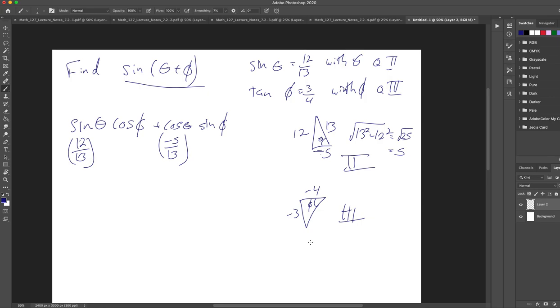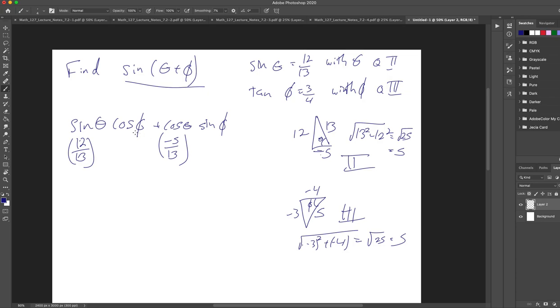To find the hypotenuse, I take negative 3 squared plus negative 4 squared and take the square root. Once again, this is square root of 25, which is equal to 5. These are very popular triangles for these problems, the 12/13/5 triangle and the 3/4/5 triangle.